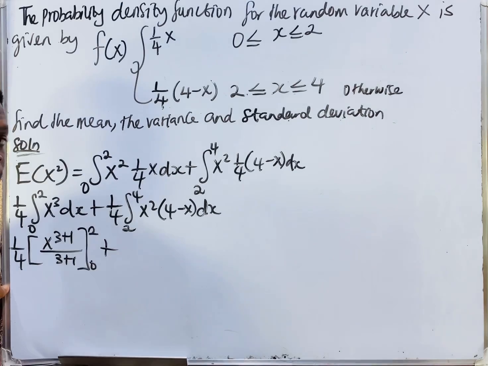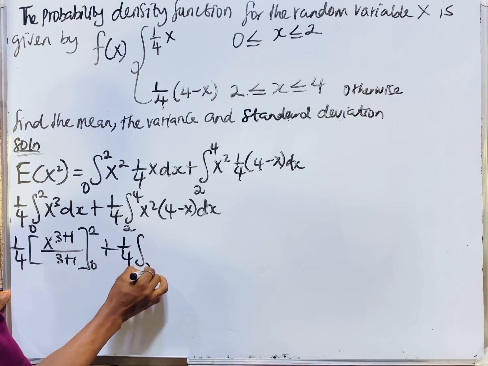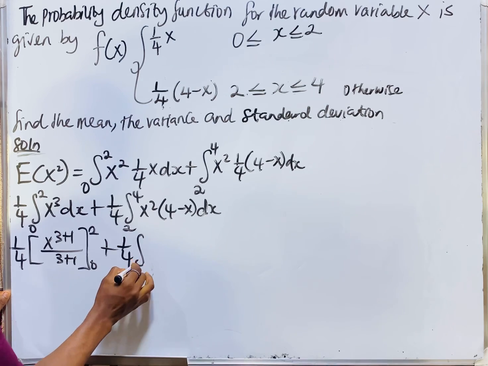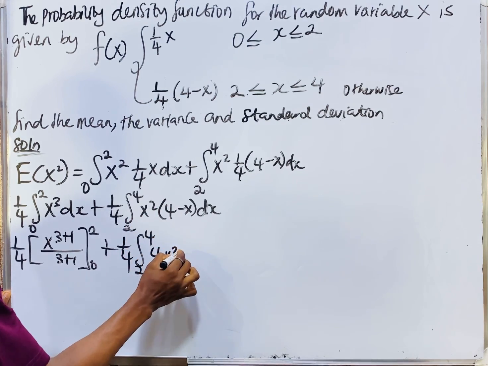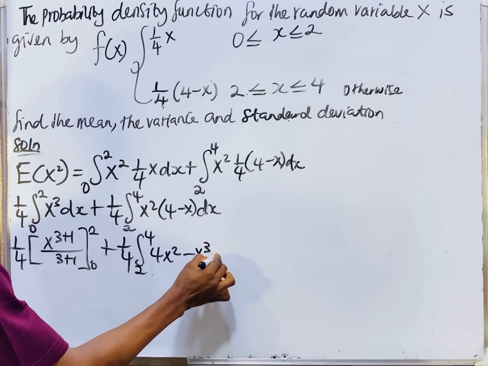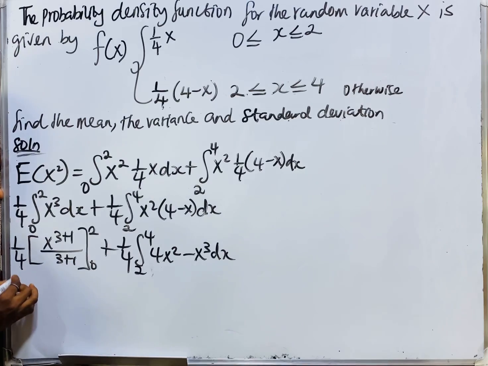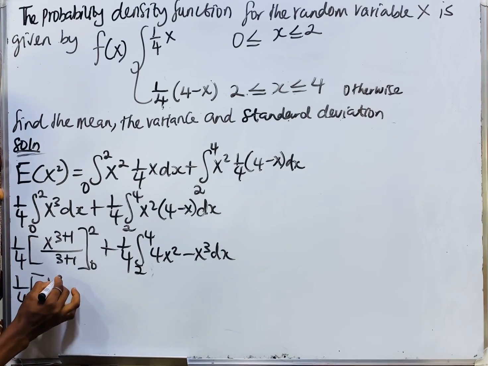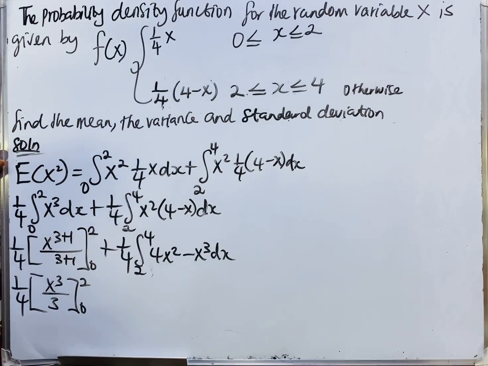So we're having 1 over 4 integral from 2 to 4. This time this will give us 4x squared minus x cubed dx. So we're having 1 over 4 x to the power of 3 over 3 from 0 to 2, right?